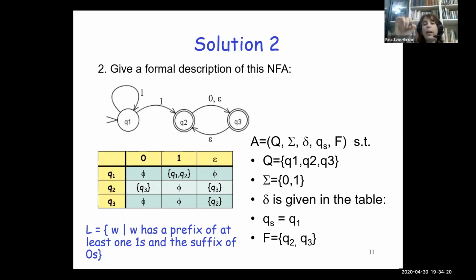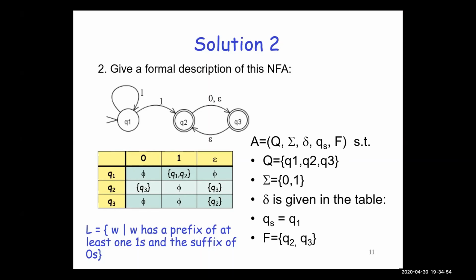And then you have a 0 or epsilon, and you have a loop of zeros or epsilons. So you have a suffix of zeros. I didn't mention how many zeros. So I can have a suffix of 0 zeros, I can have a suffix of 1 zero, I can have a suffix of 2 zeros, 3 zeros, 4 zeros, and so on. Any questions?